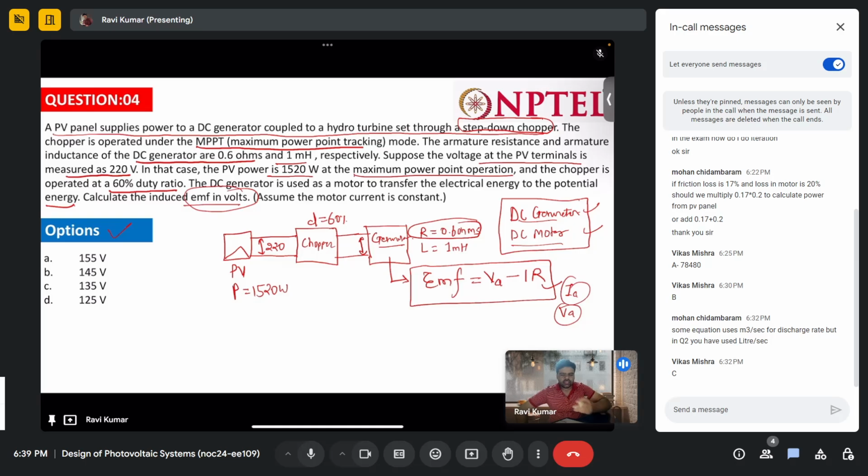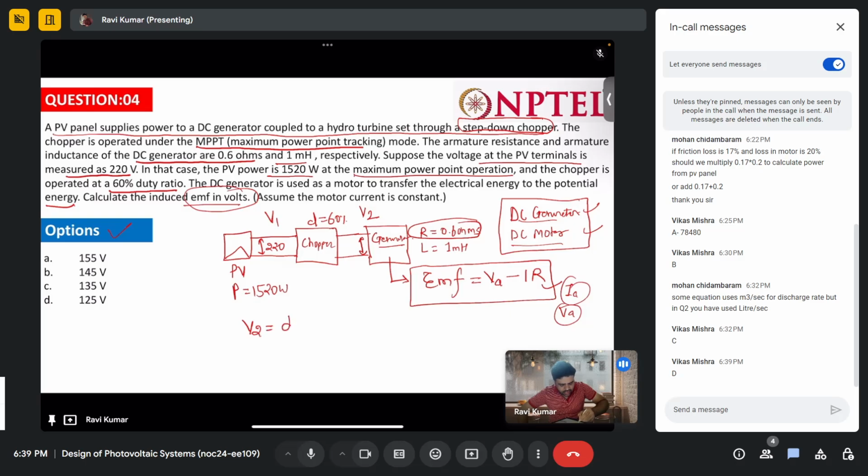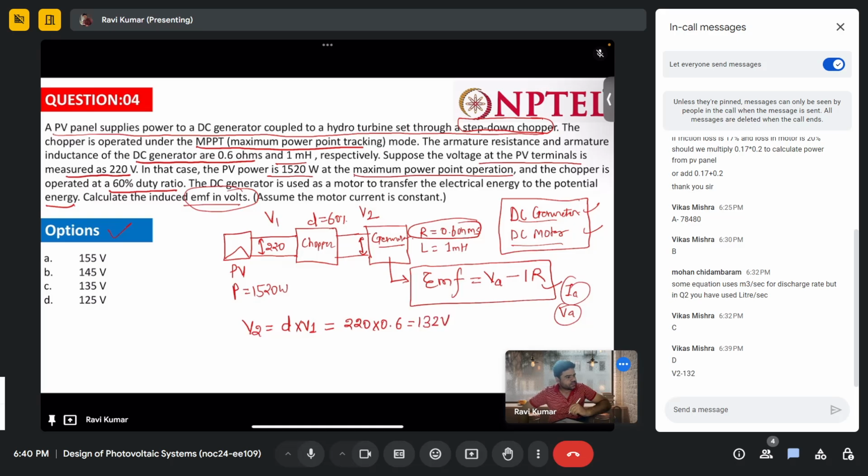And for the chopper, there is a direct relation between its input and output. So voltage here V1, V2. V2 will be duty cycle times V1. So our V2 will be 220 into 0.6. How much? 132 volt. Yes, V2 is 132, right.